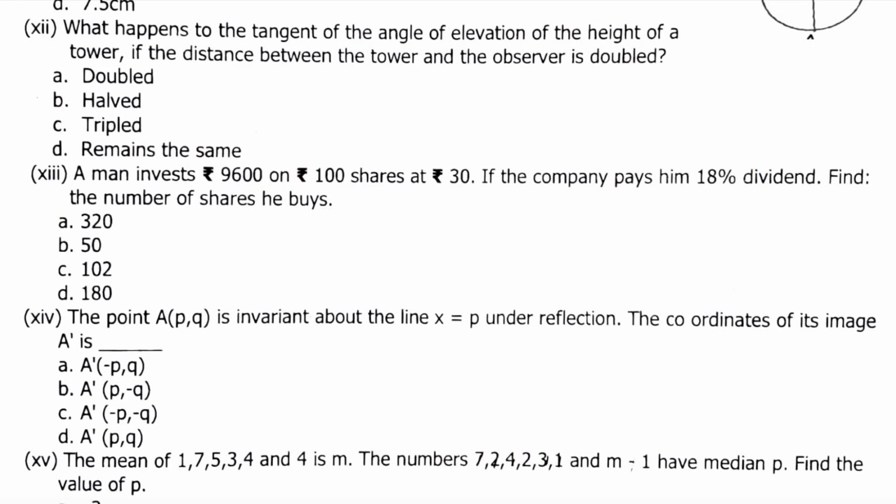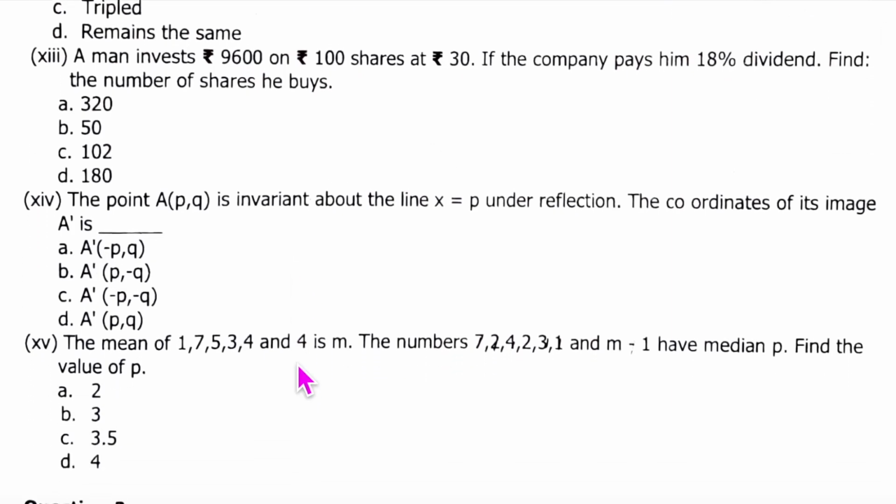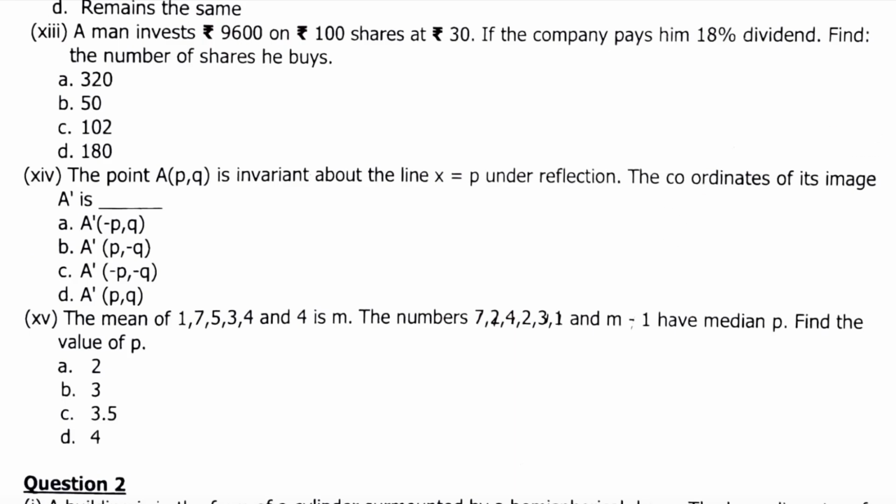Now many of you had even the 14th one as a doubt. Listen. Point P comma Q is invariant in this line. Invariant means it is not changing its coordinates; the coordinates remain the same. It is on the line.